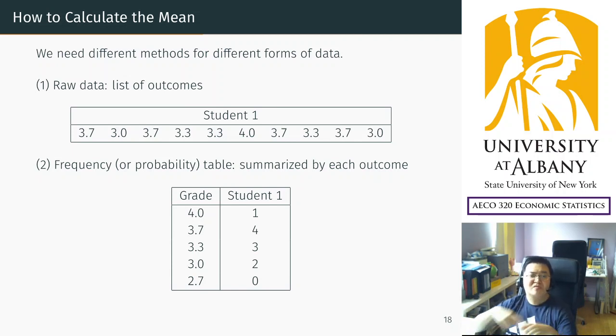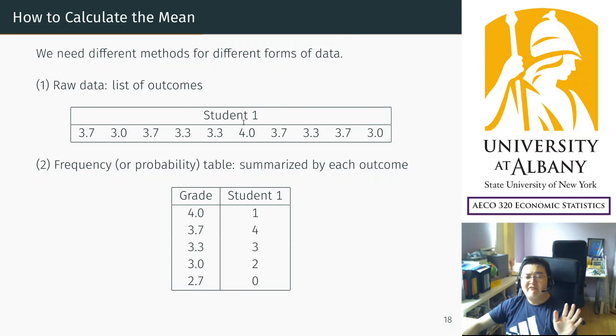If you process the raw data, you are going to get a frequency distribution table or probability distribution table. That is a summary, the first step summary. So these are the same numbers we considered earlier in the previous video. You summarize 10 grades, 10 numbers, into a frequency distribution table: how many A, how many A minus, how many B plus, and so on.